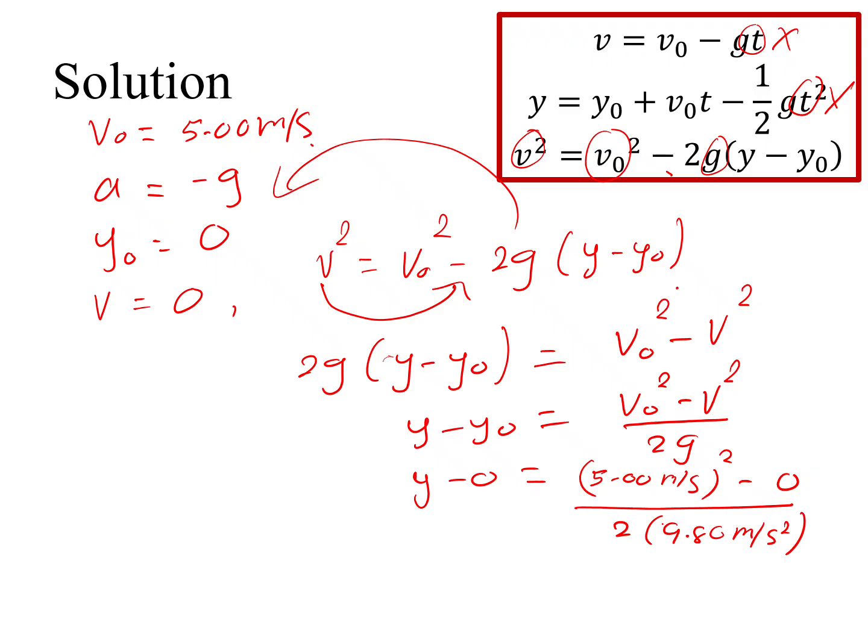Again, when you substitute for g here, we consider the positive value because we already considered the negative sign when we wrote this kinematic equation. So the final answer here is 1.28 meters.